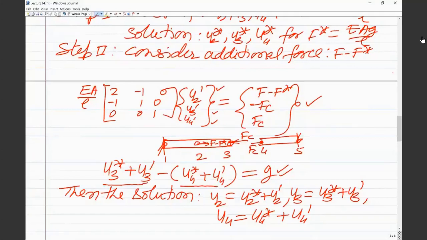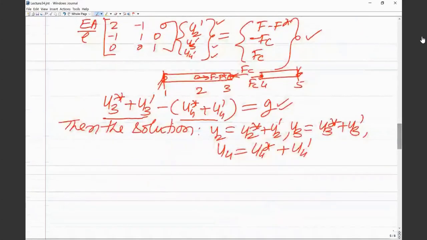So U3 minus U4 will always be G, because displacement we are measuring from the initial configuration. So the difference between the displacement of node 3 and 4 from the initial configuration is always going to be G. Okay, so now it is closed, but from the initial configuration it is G.